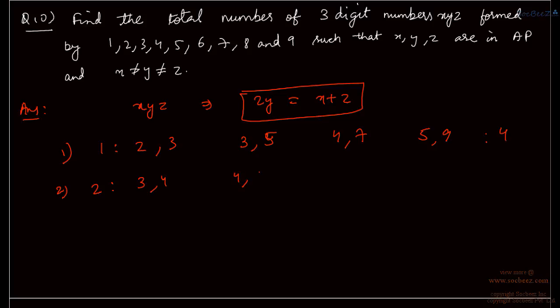For 2 we have 3 gives us 4, 4 gives us 6, 5 gives us 8, that's it. 6 will give us 10, which is not possible, right? So 3 ways. Similarly for 3, 4 will give us 5, 5 will give us 7, 6 will give us 9, again 3 ways. For 4, 5 gives us 6, 6 gives us 8, and that's it, so that is 2.